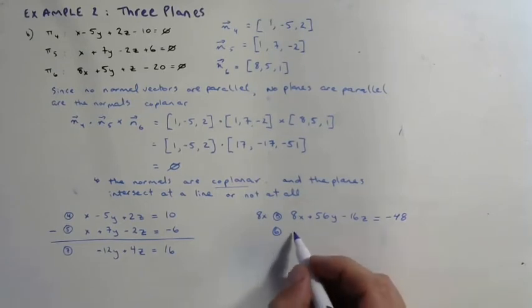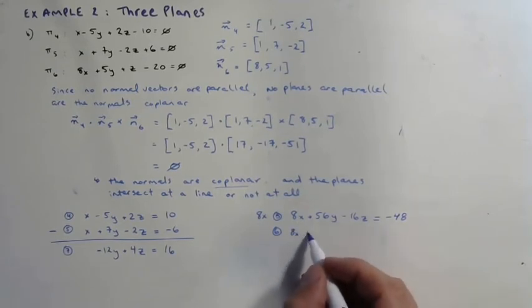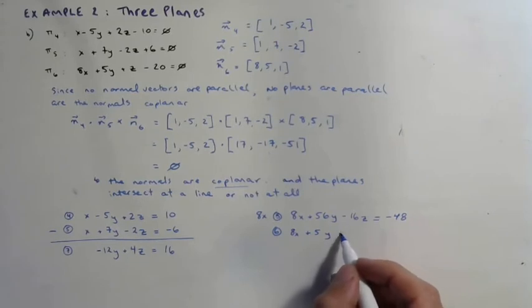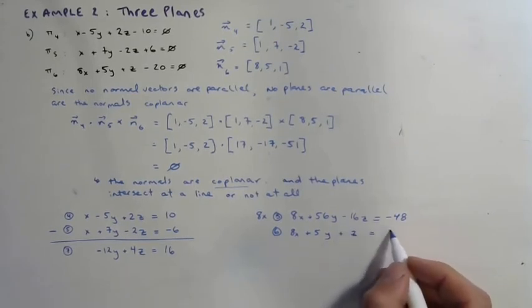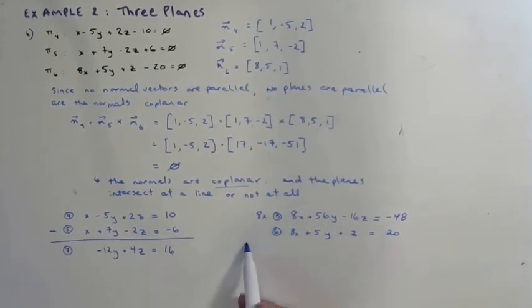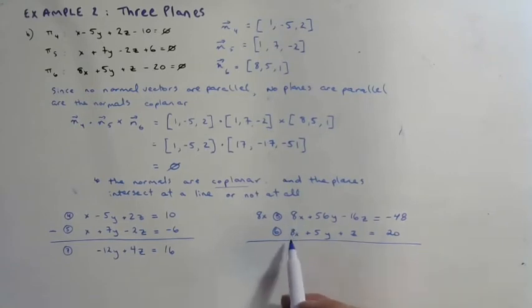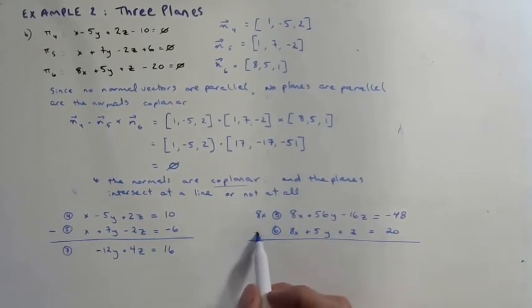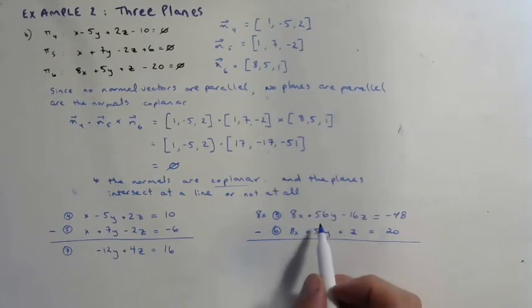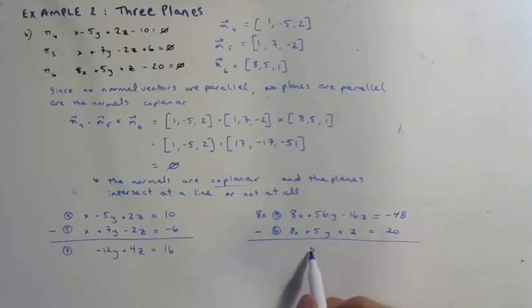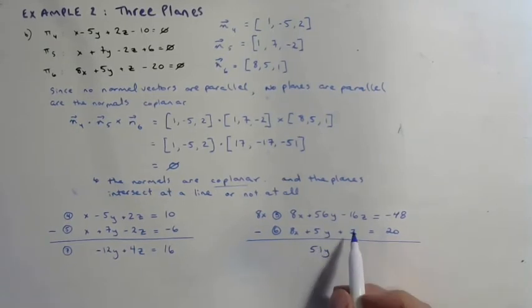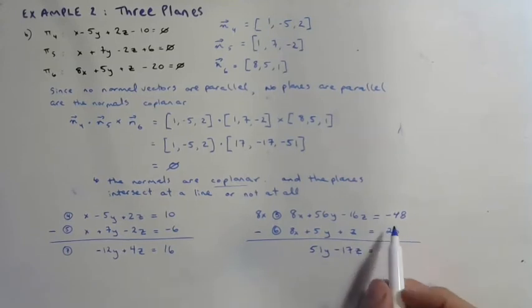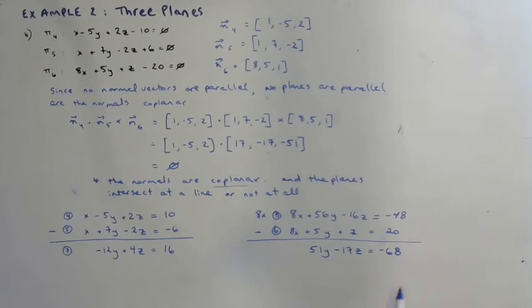And equation 6 is 8x plus 5y plus z equals 20. Again, I have the same sign in front of my x coefficient, so I'm going to be subtracting. That's going to give me 56 minus 5 is 51y minus 17z equals negative 68.